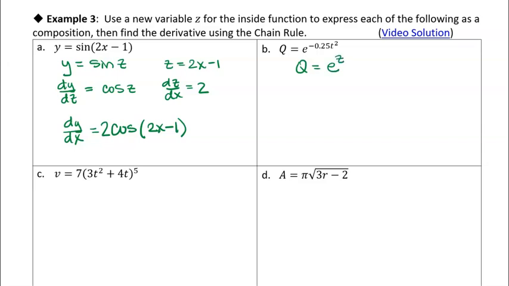Because I'm seeing e to some power, but the power is a more complicated function, I'm going to call that the inside function, and that's minus 0.25 t squared.